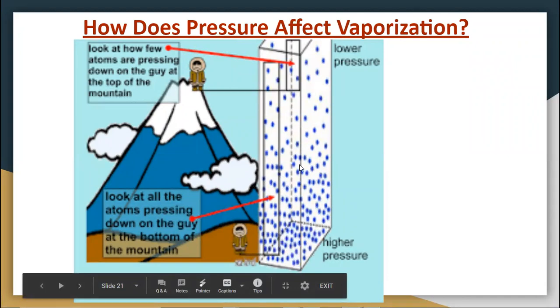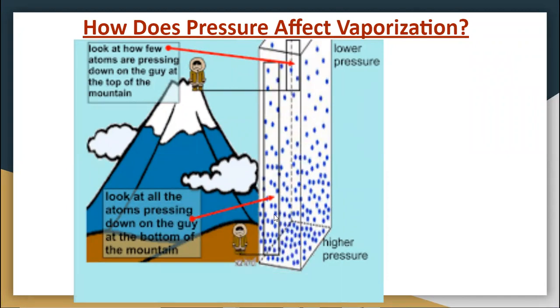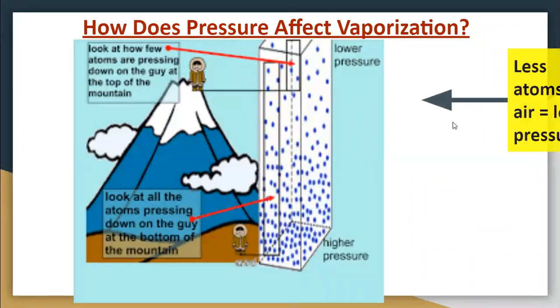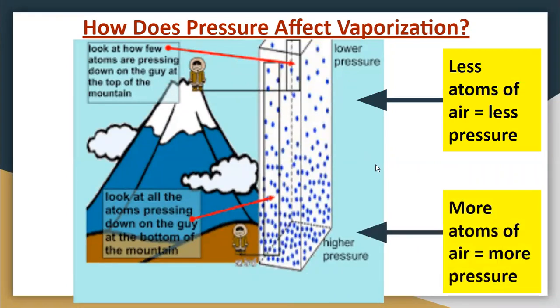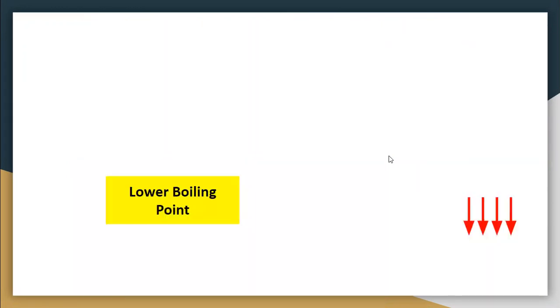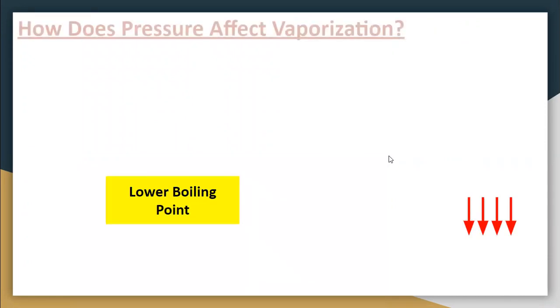Plus there's a lot more above him than this guy has above him. So you have less atoms of air, that equals less pressure. And more atoms of air is going to equal more pressure.